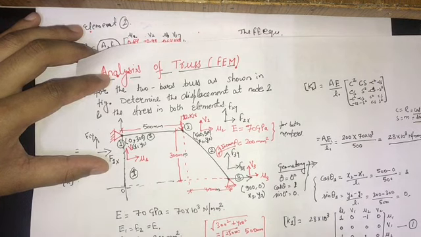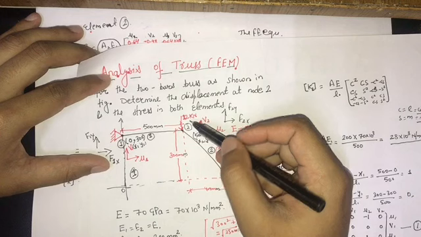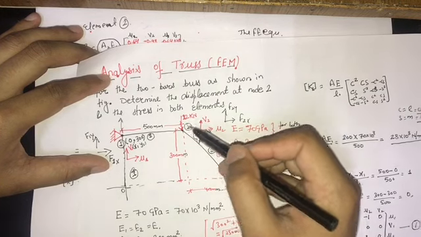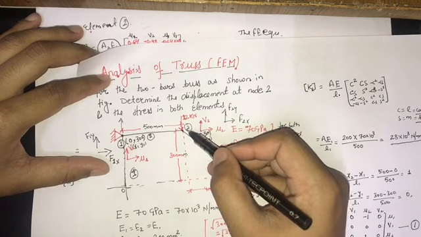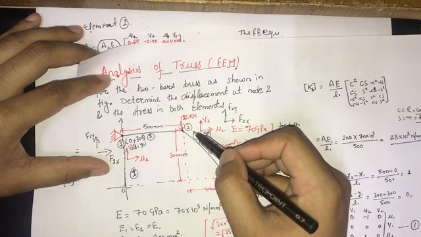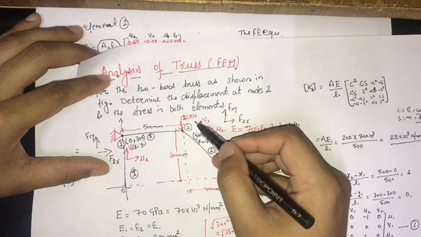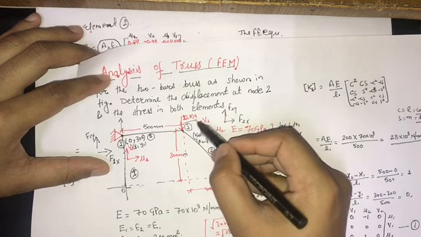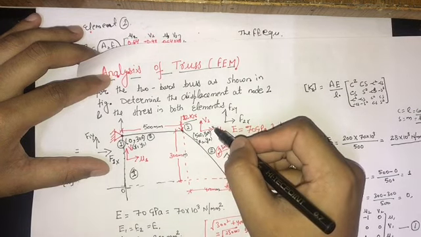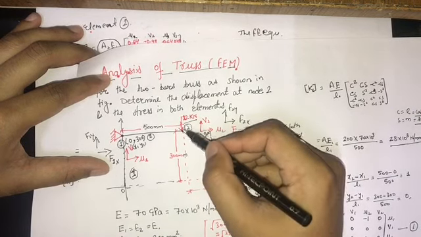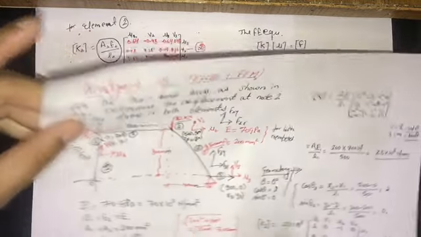So here the force applied at node 2 is 12 kilonewton vertically downward. So that load is 12,000 newton, or 12 kilonewton, given here. It means that F2y is having a load only because it is only in the vertical direction. So F2y is downward, so minus 12,000.